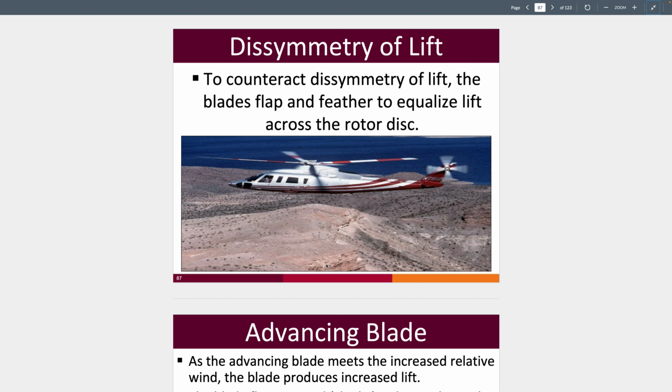The other type of movement that is needed to complete blade flapping is something known as feathering. So when we feather the blades, it looks something like this. We're able to feather these blades.